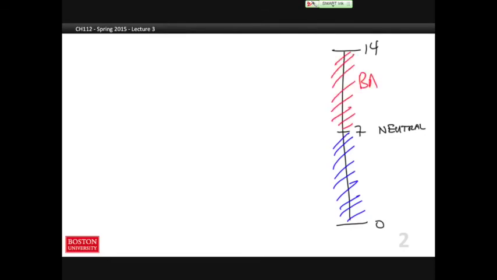Maybe the colors are backwards, but you guys get the idea. So there was a scale from 0 to 7 was acidic, from 7 to 14 was basic, and 7 in the middle was neutral. So we've already said that this 7 being neutral, that's only at 25 Celsius. At 37 Celsius, neutral's lower, and at 10 Celsius, it's going to be higher.